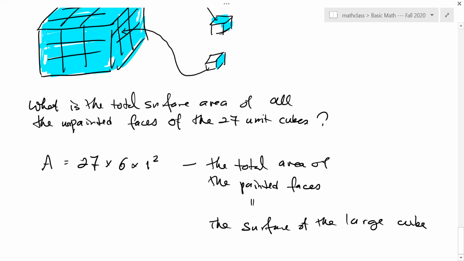Do you agree? If you put all these painted faces together, you form the surface of the larger cube, right?